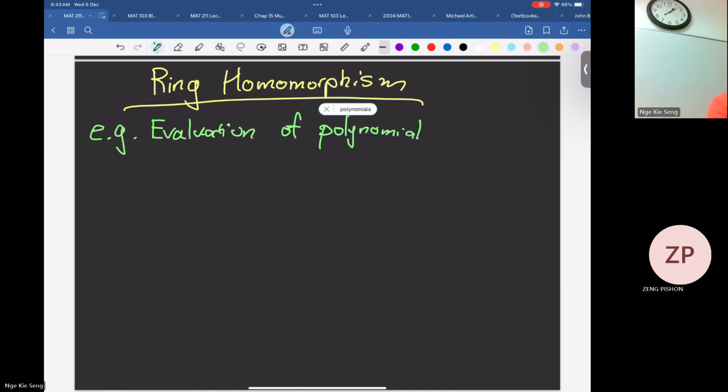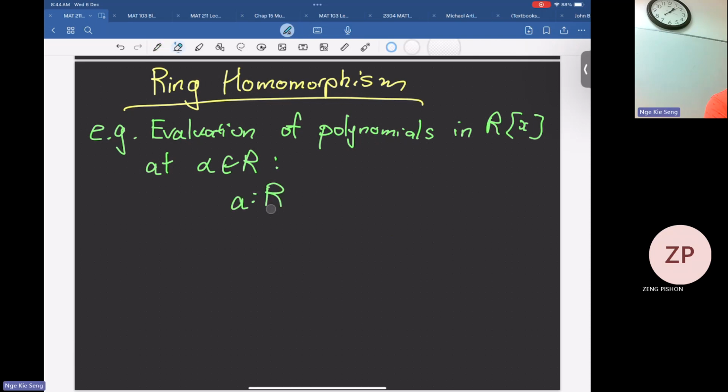Let's say a polynomial in R[x], and let's say alpha in R. What does this mean?